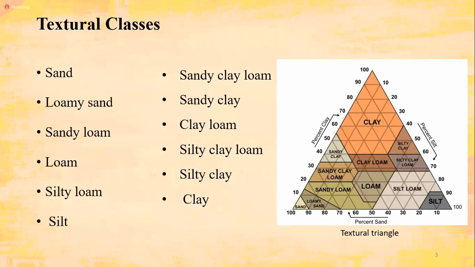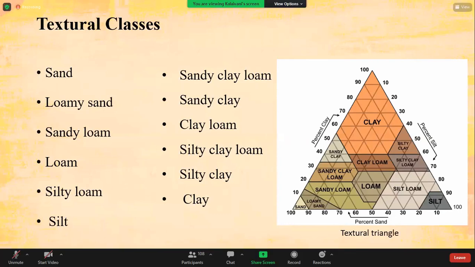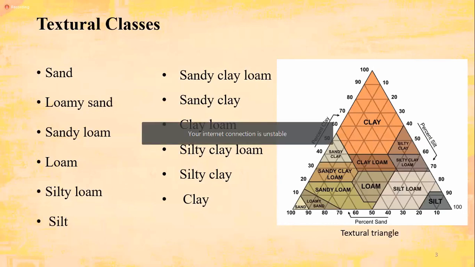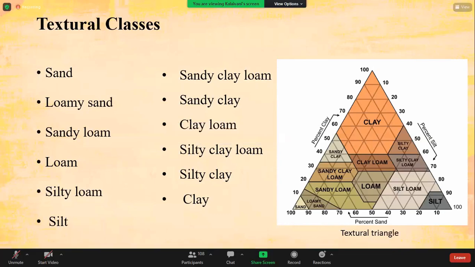And one example, we will give some range of sand, silt, clay, and then we will ask what is the texture of the given sample. So please remember that, and within 2 minutes you have to find out and write the answers. I told one spot for your final exam.